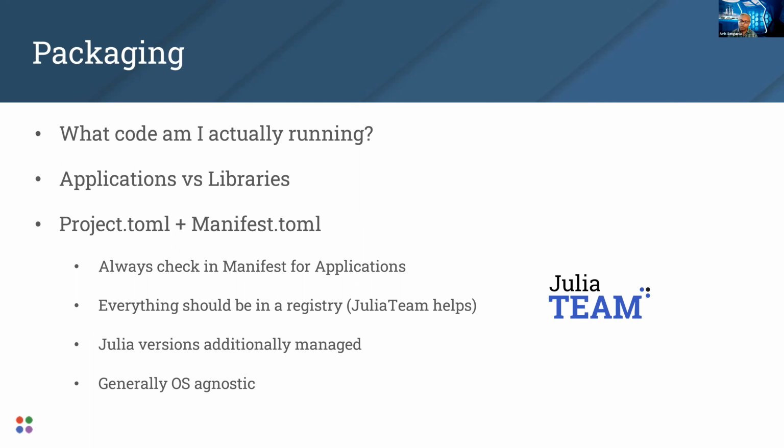You should generate your manifest.toml typically in a CI system, or maybe even in your dev system, check it into Git, and then ensure that when you deploy things to production, you use that manifest.toml to instantiate your production environment, right? And what this ensures is that the versions of every library that you have tested with is exactly the same in production.